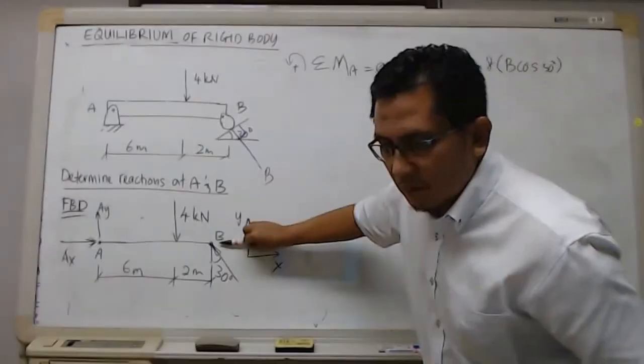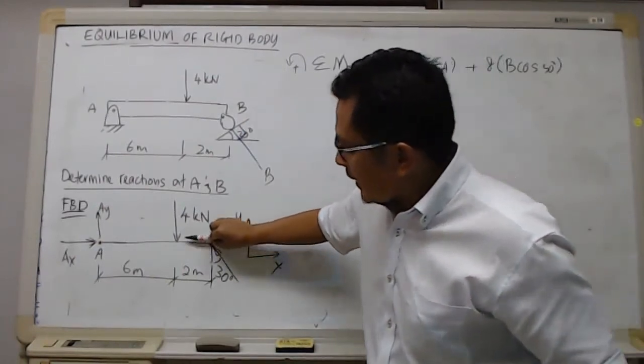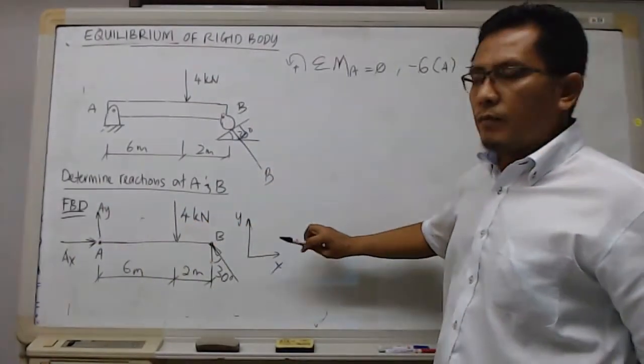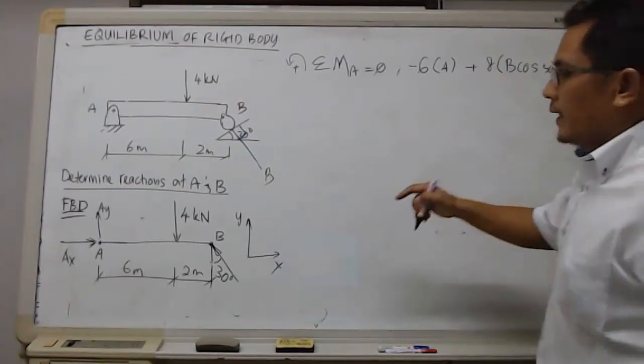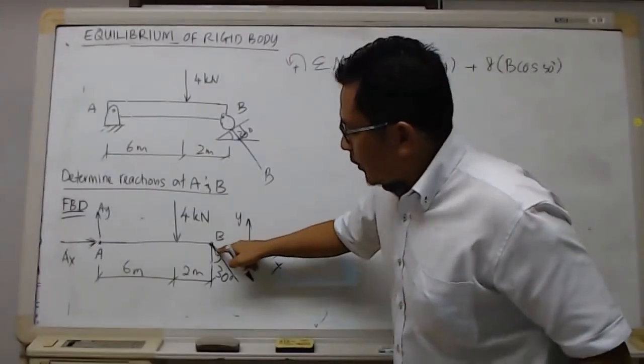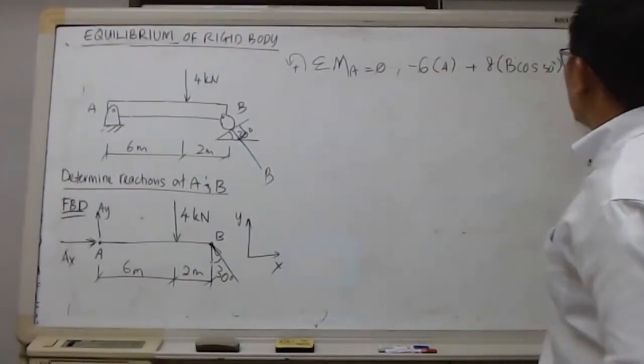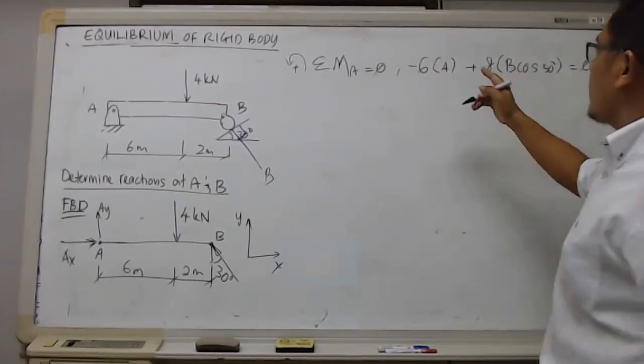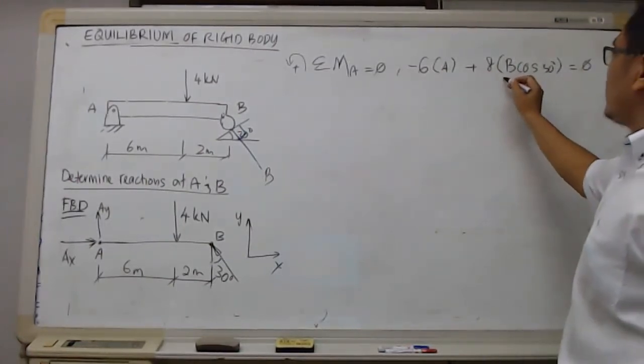The X component of the B reaction is aligned with the point A, giving no moment, so there is no moment by the X component of the reaction at B. So all become 0.